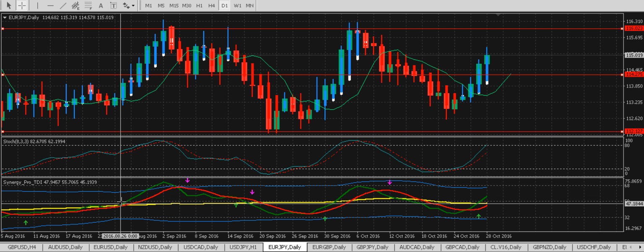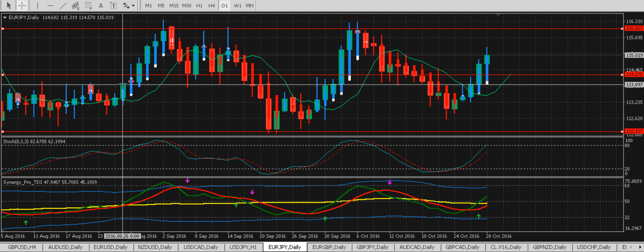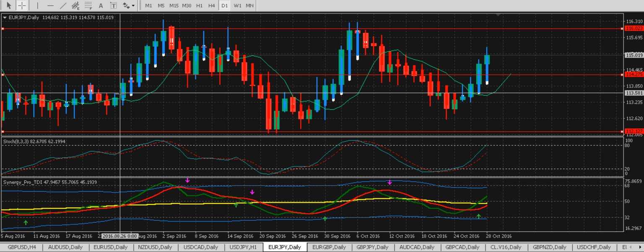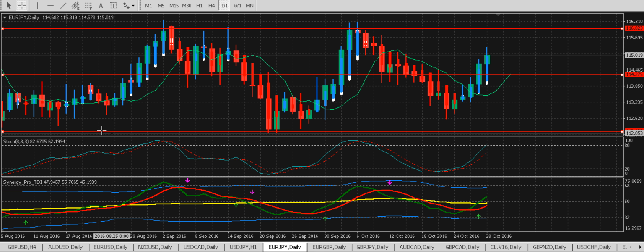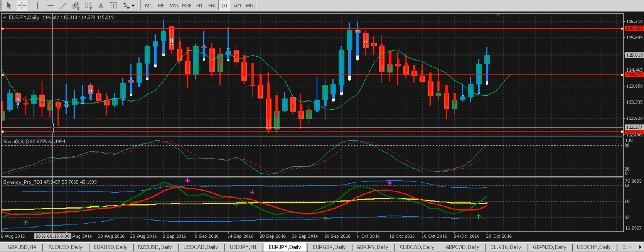Here it's not so much of a crossover, it's not so easy to see, but you can see the rising volatility. You would enter somewhere on the retrace of this bar, and you would put your stop below the nearest swing point, which in this case would be 11229. That would be my emergency stop. And then I would be trading long, and you can see there's plenty of opportunity for long trades there.